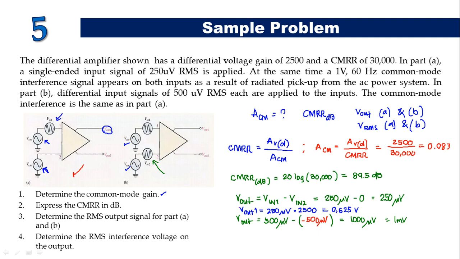So, mawawala na yung micro dyan. Okay? 0.625 volts RMS.